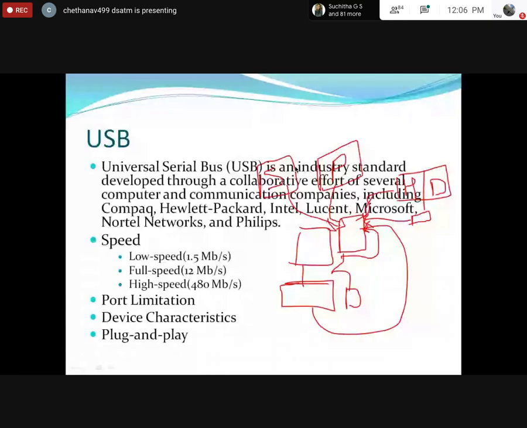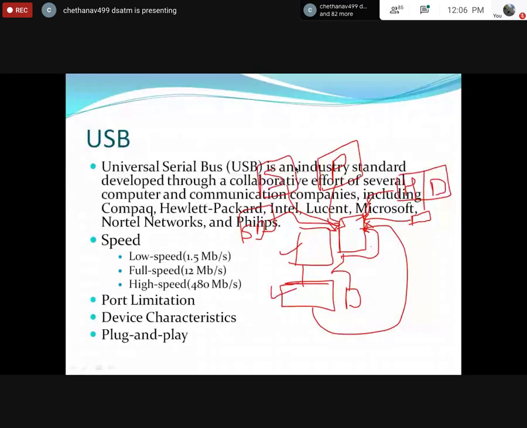I'll connect. See, to this one particular processor, a CPU, you are going to connect any number of devices, isn't it? You're able to see what I've written. This is my monitor. This is my keyboard. This is my CPU.